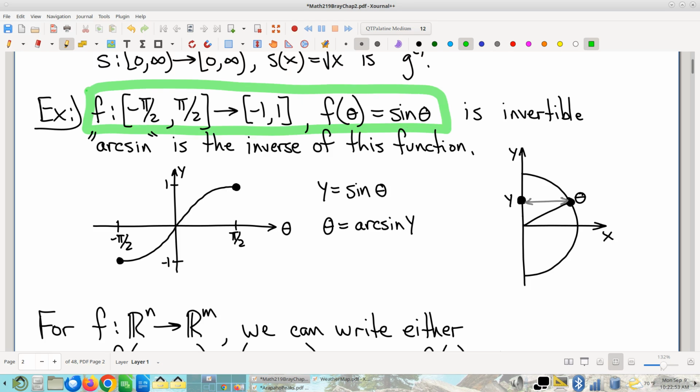So this function here, I'm going to note that this is the relevant part of the graph, says if we look just at these angles, which on the unit circle is like this, and if we look just at these output values, which on the unit circle looks like that, then this function is invertible. With that domain and that target, that is an invertible function, and the inverse is called arc sine, which we write like this.